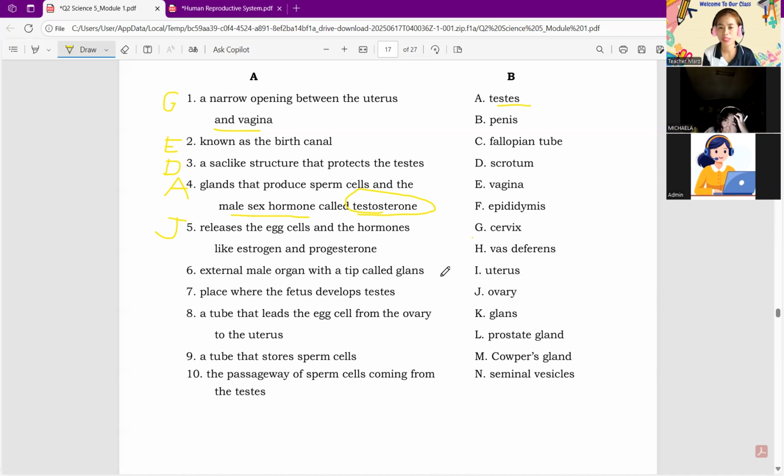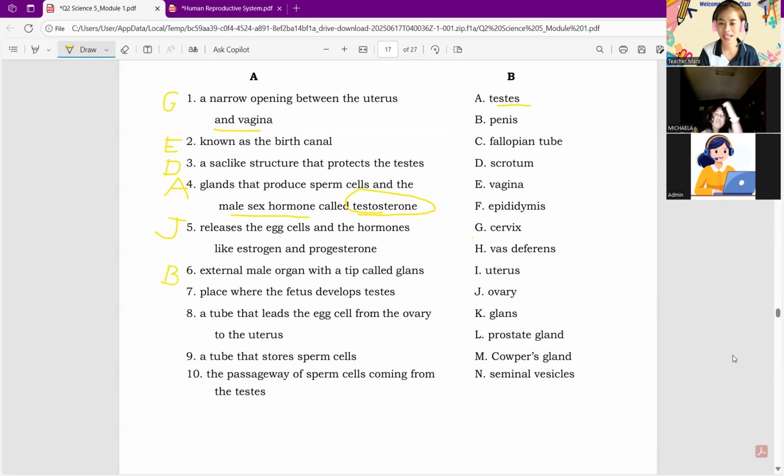What do you call that part? B. I'm sorry? It's letter? B. All right, it's letter B.